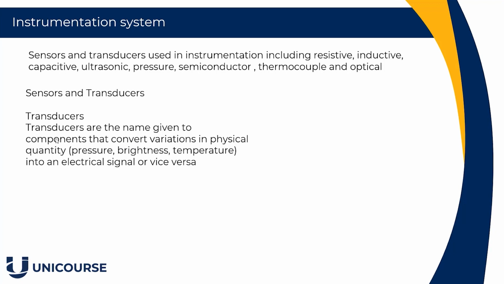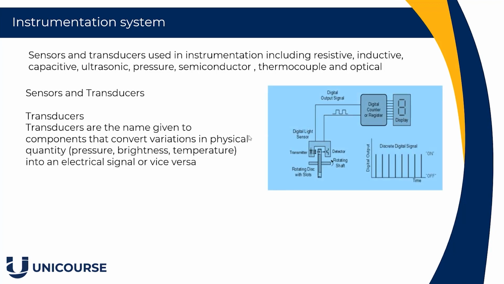It will take this in and allow that to be transduced, or converted, into a signal which can be used within the system. Here is an example of one. We've got a device that will detect the signal. We've got the pulse, which will then be used as part of the display, and then we've got a signal which is converted into a digital output, and then we can use it on the 7-segment display. We're going to be looking at something like this in a simulation later on.